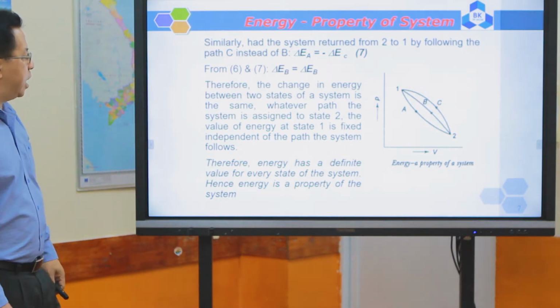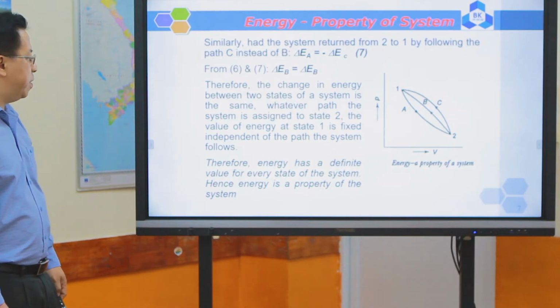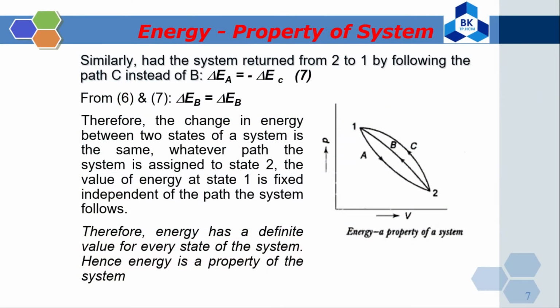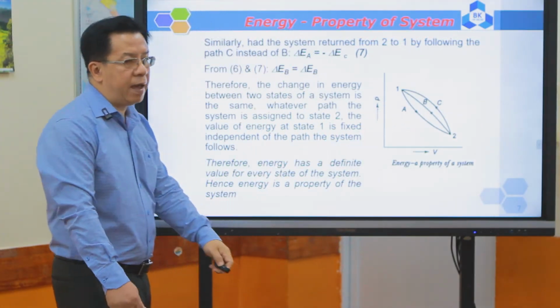So you see that the change of energy between two states of the system is the same, whatever path the system takes to state 2. And the value of energy at state 1 is fixed, independent of the path the system follows. Therefore, energy has a definite value for every state of the system. Therefore, energy is a property of the state. It means it does not depend on the path it goes through, but will have the same amount.